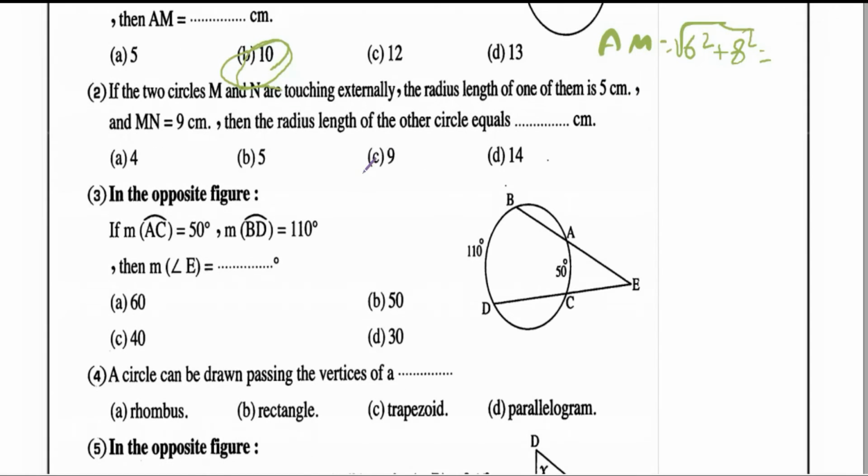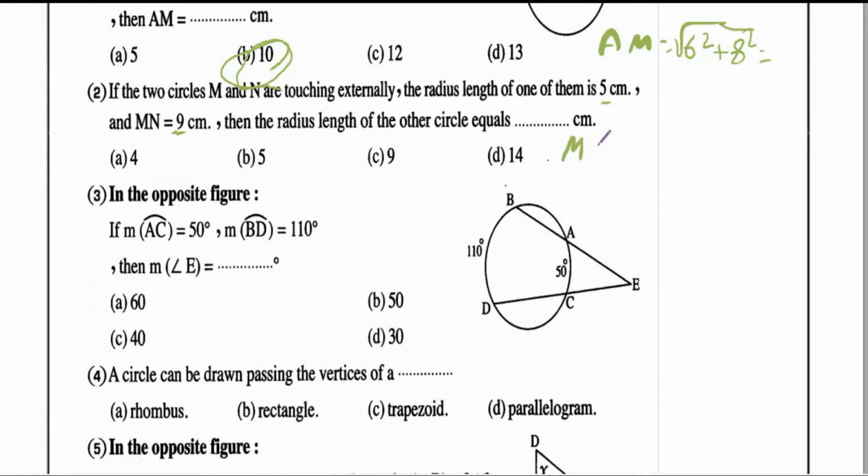If two circles M and N are touching externally, the radius length of one of them is 5 centimeters, and MN, this is the line of centers, equals 9 centimeters. Then the radius length of the other circle equals what? Let us remember the relation between two circles touching externally.